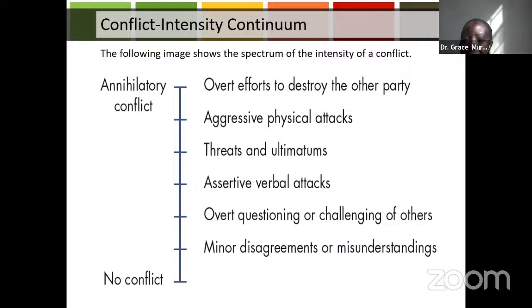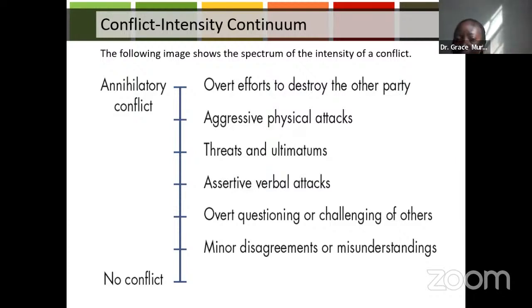Really strong, destructive conflict. This is conflict that can destroy, not just the other party. Remember we said yesterday, if conflict is not managed in the organization and becomes too intense, it can even destroy an organization, the group, the team.